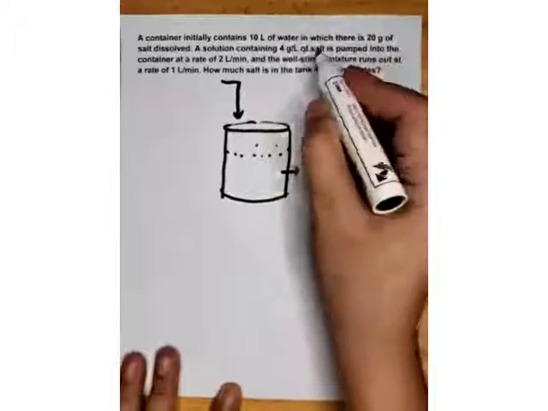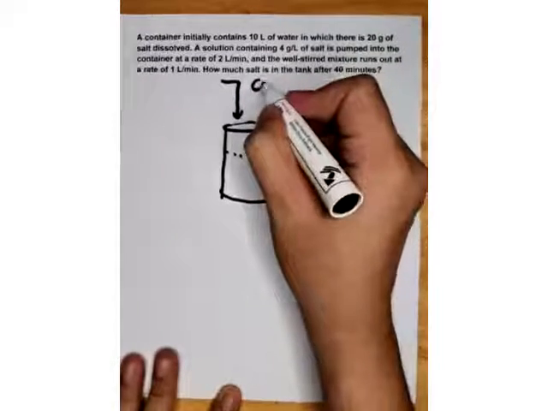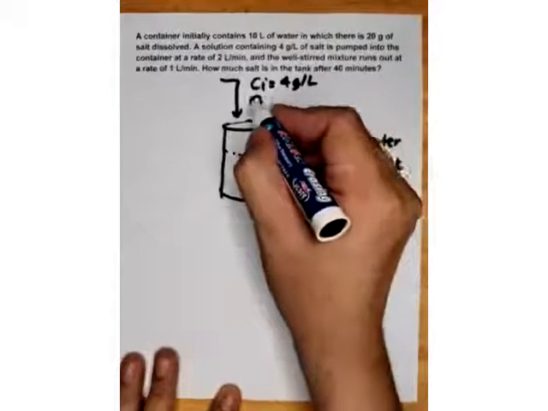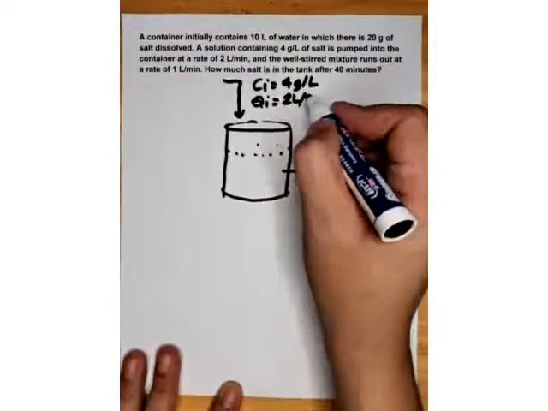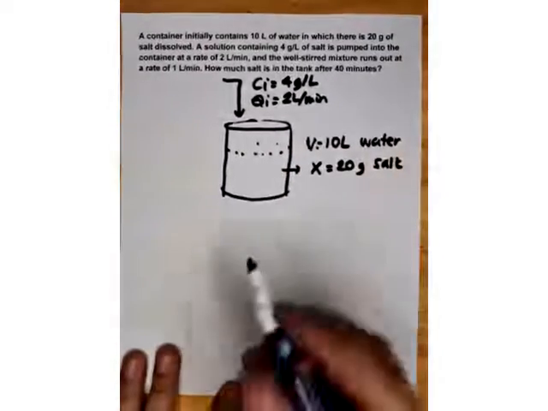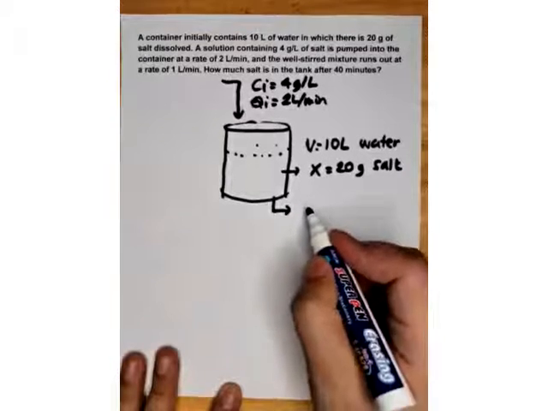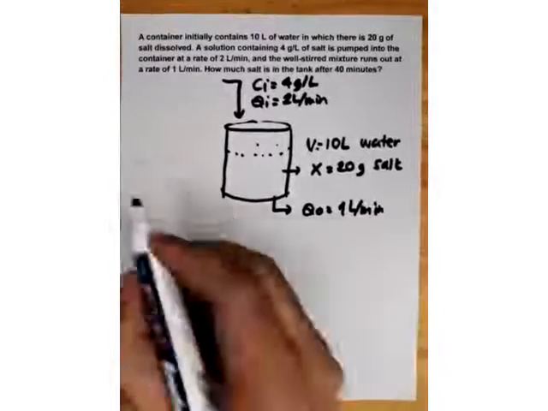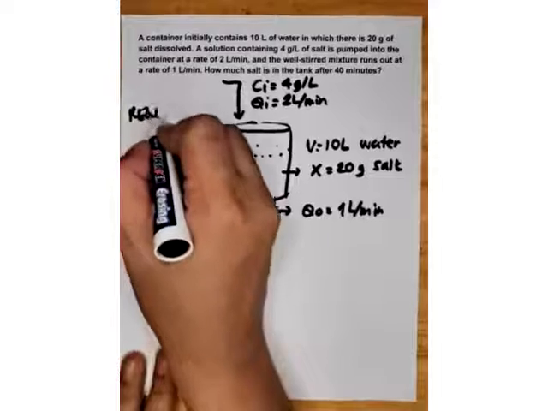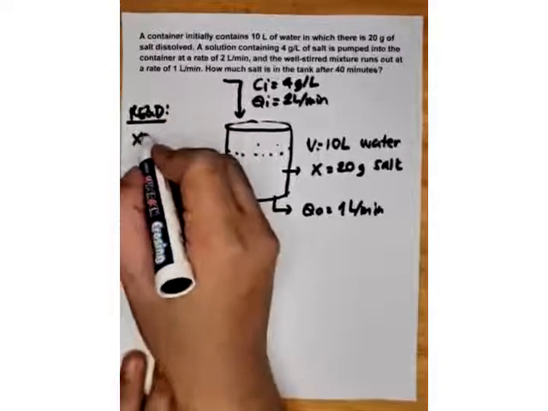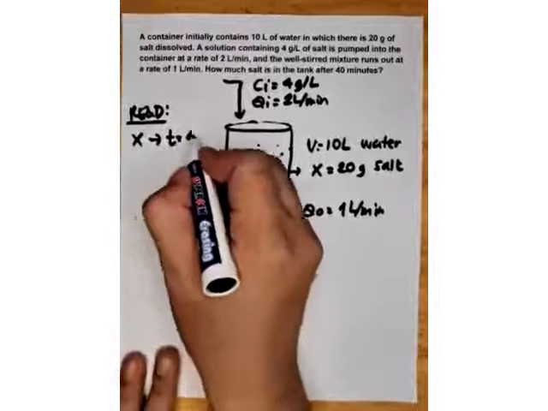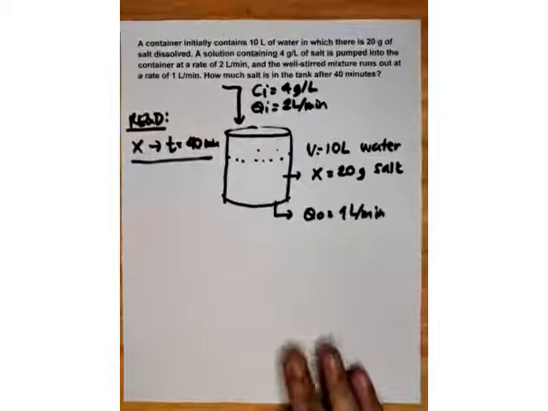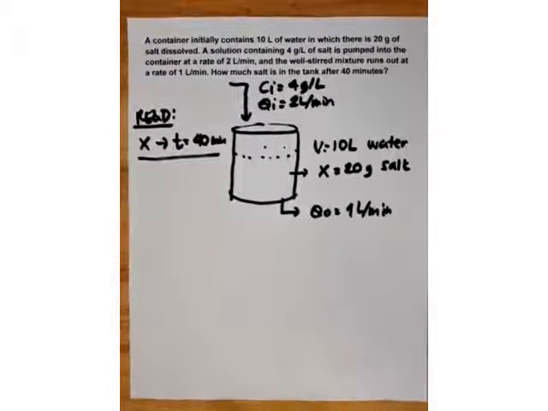So that's the concentration in, 4 grams per liter, and the rate is equal to 2 liters per minute. And then the solution leaves the tank at a rate of 1 liter per minute. So our requirement is: what is the amount of salt when t is equal to 40 minutes? What's the value of x at time t, which is 40 minutes?